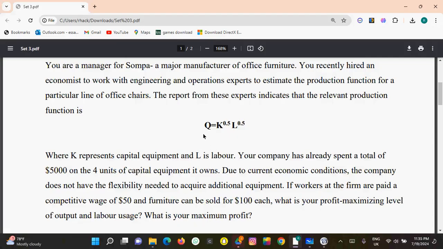So this is a production function question. This is a production question, and it also includes cost in it. So production and cost. This is a tutorial set for production and cost.